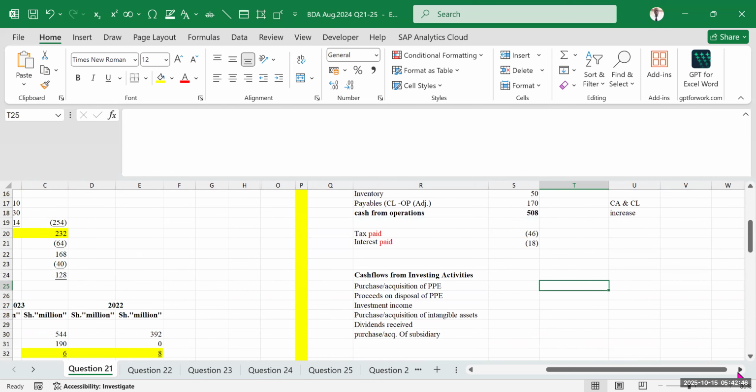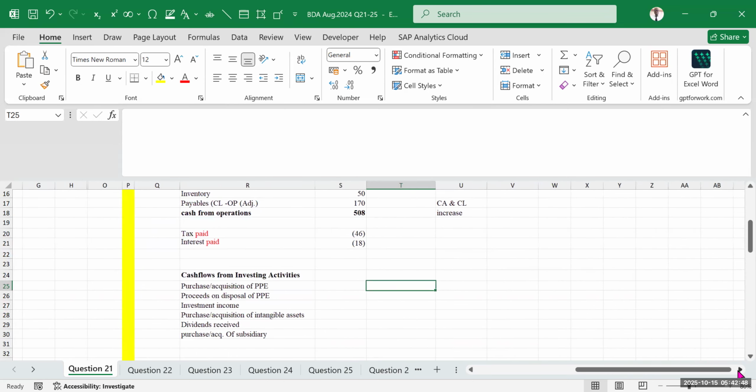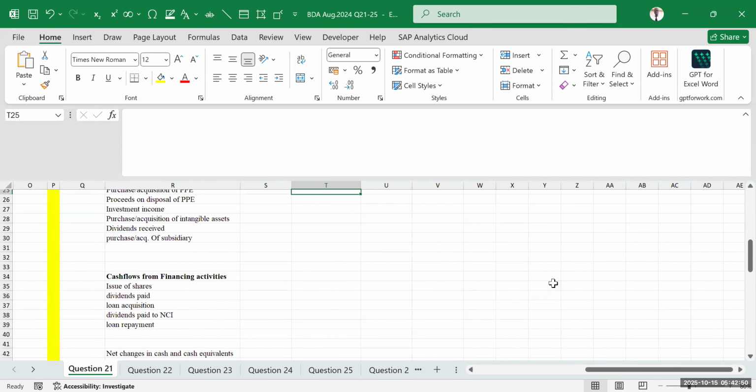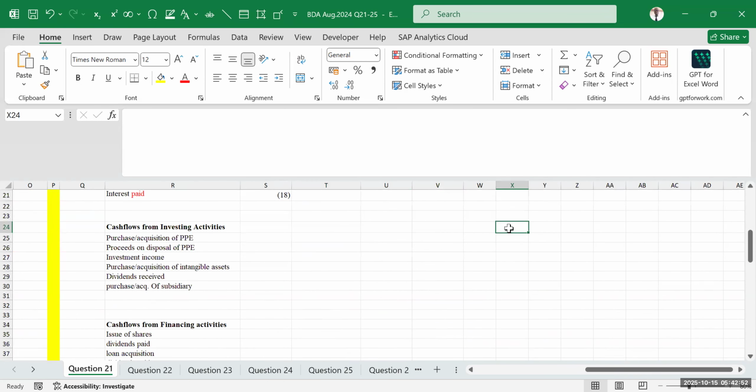But to make it easy, I want us to do a simple PPE movement schedule here, beside it, not very far, as a working, just so that we see it very clearly. For PPE, because the investing activities are usually for PPE, I want us to look at it this way.